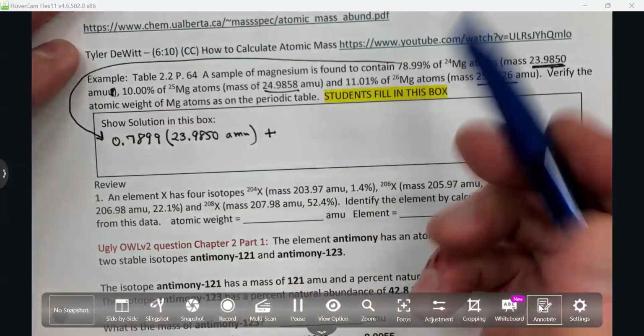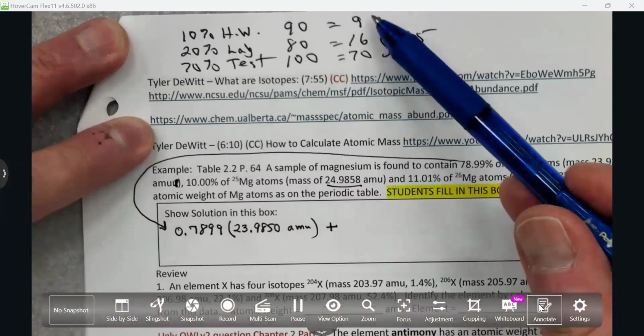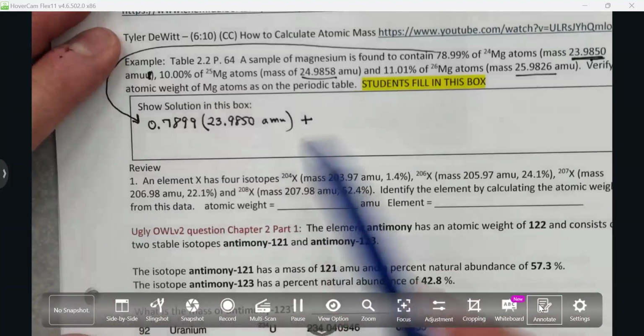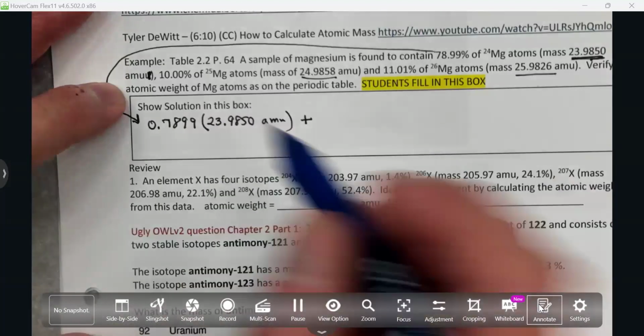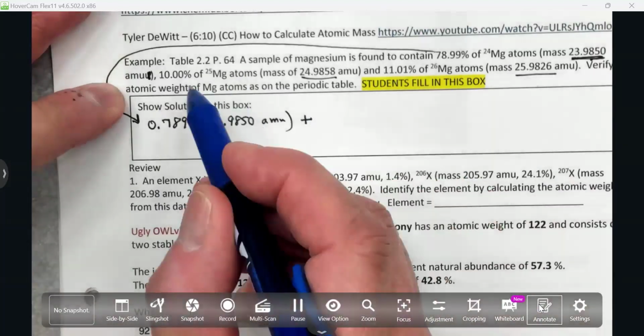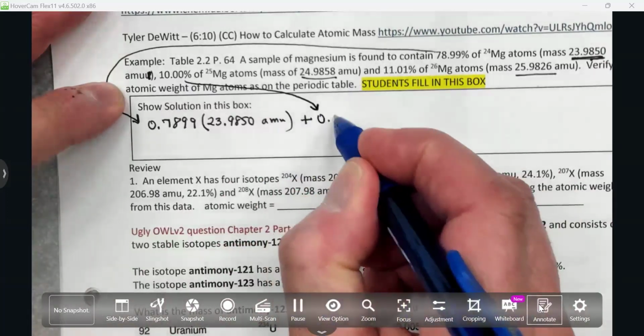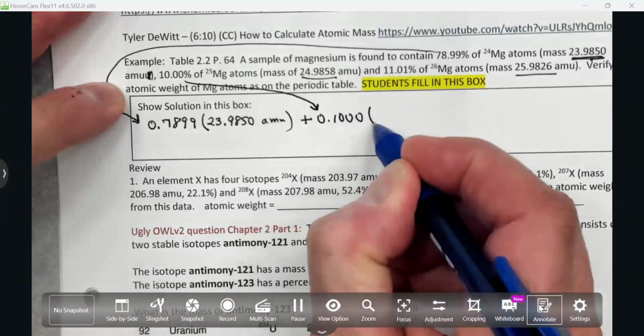Plus, now I added them up here, correct? I added them up. So we're going to add them up here. We're going to put this on one line. 10% would be 0.1000.